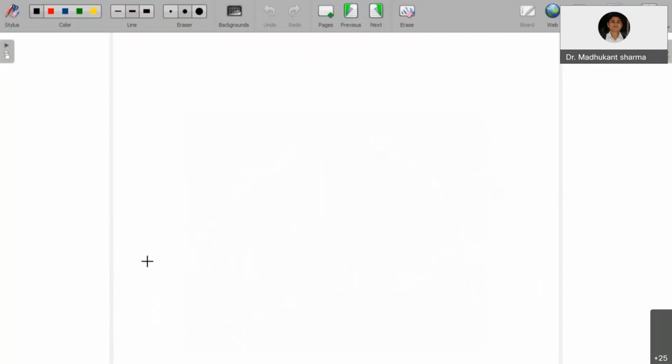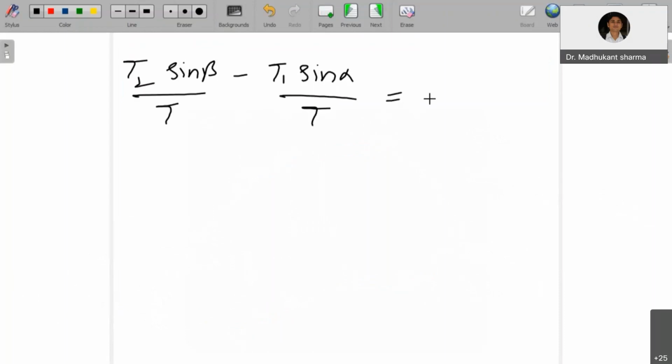So now you further divide both sides by capital T, which gives (T2 sin beta minus T1 sin alpha)/T equals rho delta x by T times ∂²u/∂t². Now, what is T?